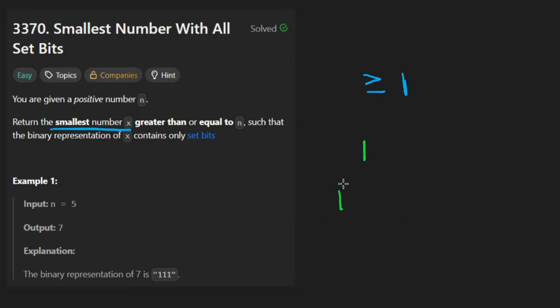Now, in terms of the time complexity, how many of those numbers could we have? Well, it's going to depend on the max number that we are dealing with. Typically, we deal with 32-bit integers or 64-bit integers. And in this problem, we actually have an even more limited constraint where n is going to be limited to 1,000.